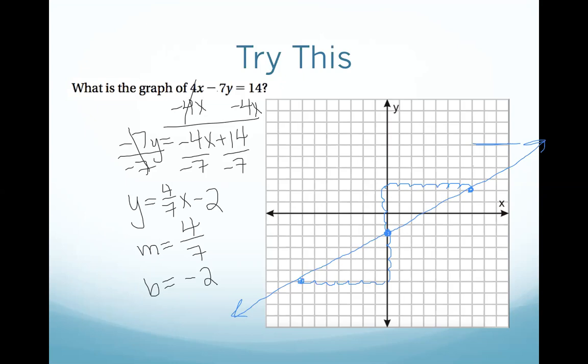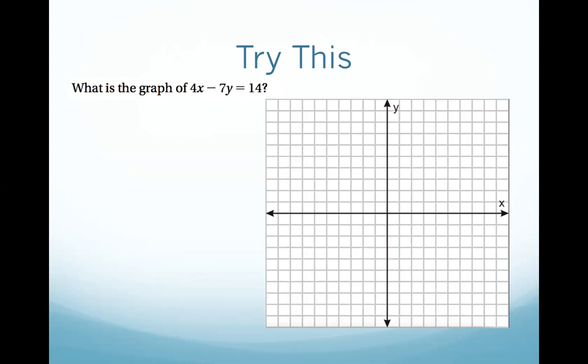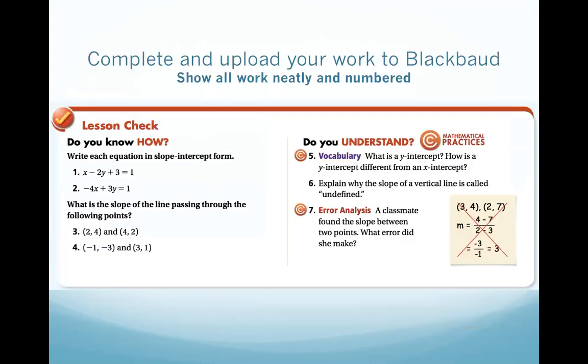All right, so your homework is going to be, I'm going to go ahead and clear this off. Your homework is only number 1 through 4. If you'd like to challenge yourself, okay, this is a challenge.